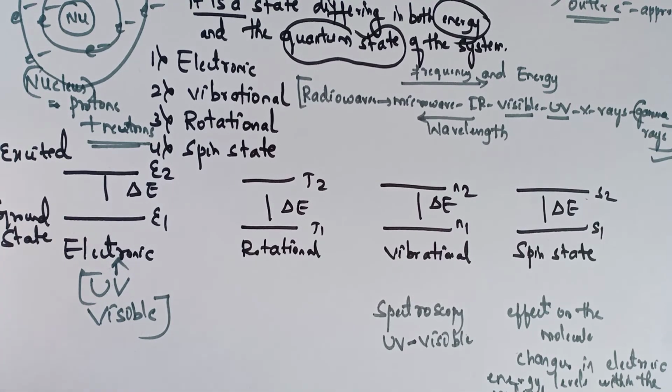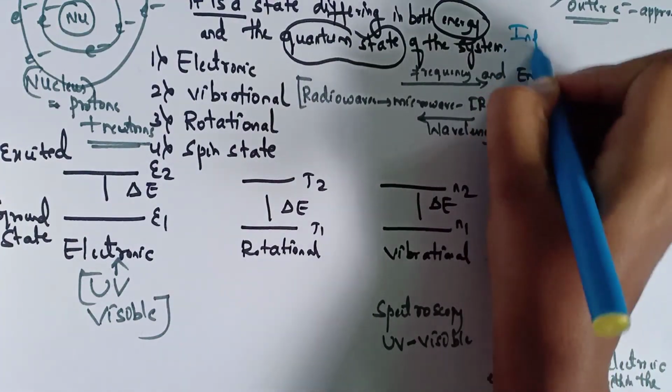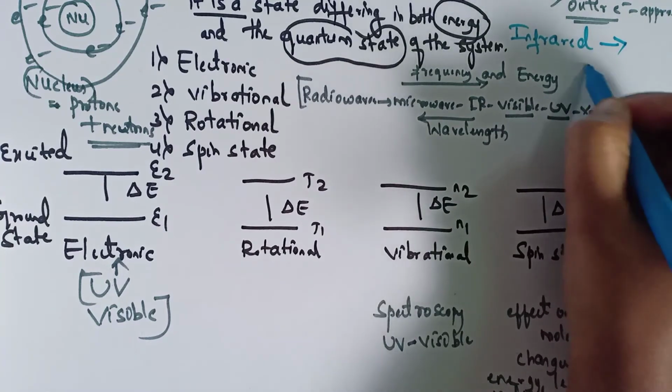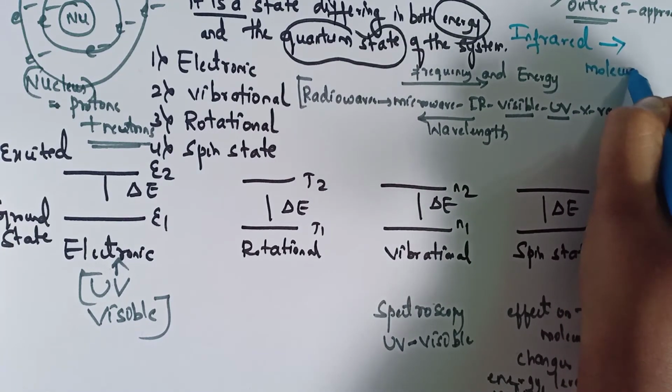Then next coming to the infrared rays. Here the energy of these radiations is less than that of the gamma rays, X-rays, and UV visible. So it can cause molecular vibrations. So infrared, effect on the molecules: it can cause molecular vibrations. It can vibrate the molecule.